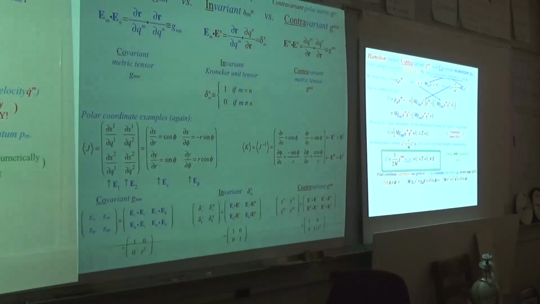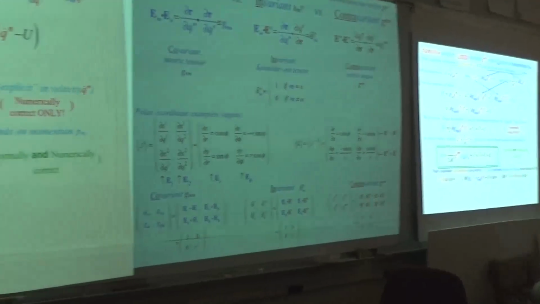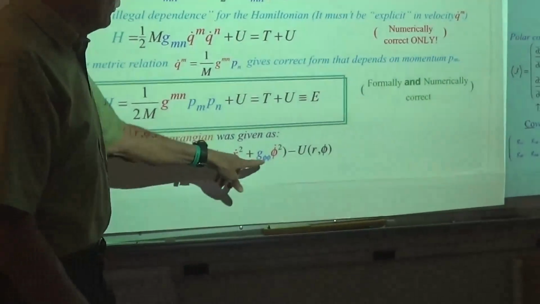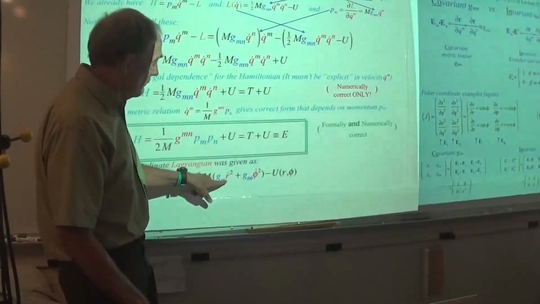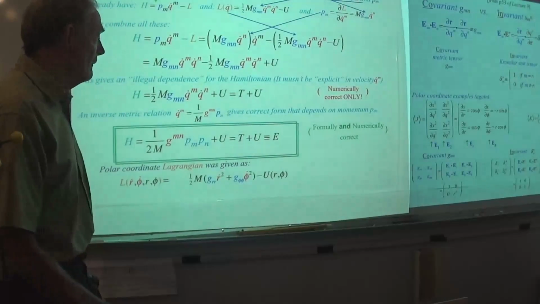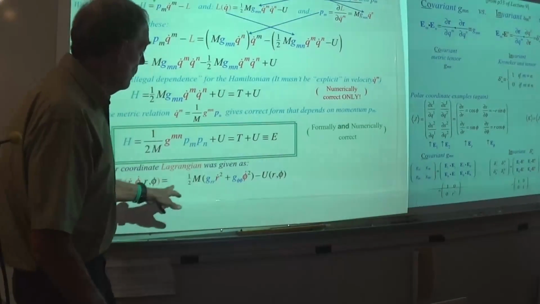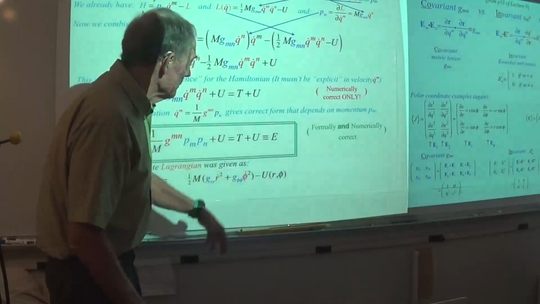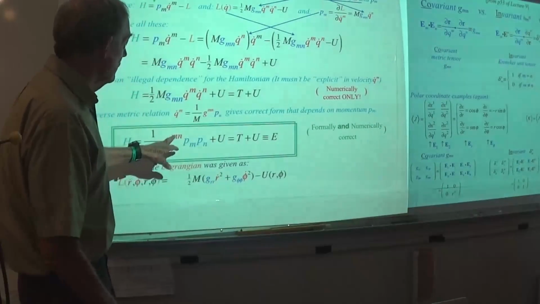Okay, so this is our Lagrangian, and then it's just a question of how you convert this to a Hamiltonian, where you simply put in the inverse of the metric. That's really easy when it's diagonal, because this is an orthogonal coordinate system, so all we've got is RR and Phi. We don't have R Phi and Phi R, okay? But anyway, we're going to be replacing that minus sign with a plus sign, and we're going to be using the contravariant metric.